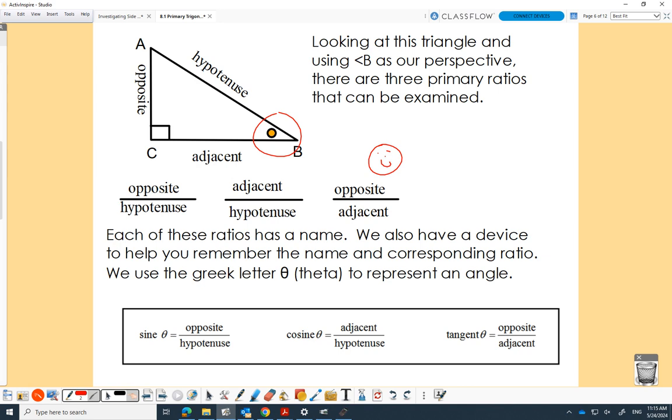Each of these ratios has a name. We don't want to go around writing opposite over adjacent all the time. So there's a shortcut you've already seen. It says tangent. In fact, we even shorten that down and call that tan. But that's short for tangent. Why is it called tangent? Coming up, I'll be able to explain in other grades why it's called tangent.